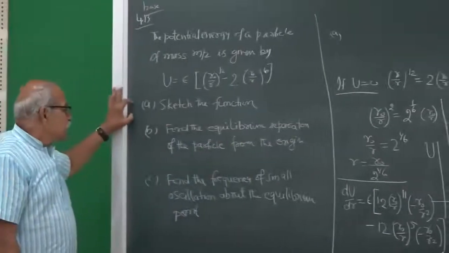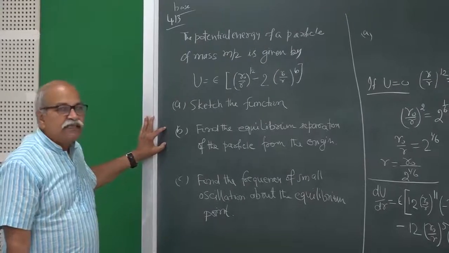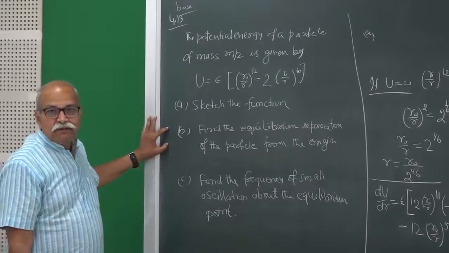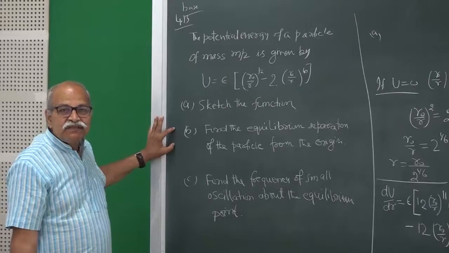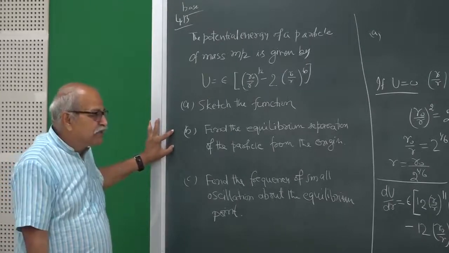So, that is A part. B part, find the equilibrium separation of the particle from the origin. So, equilibrium position means the force is 0, it stays there, that is the equilibrium position.